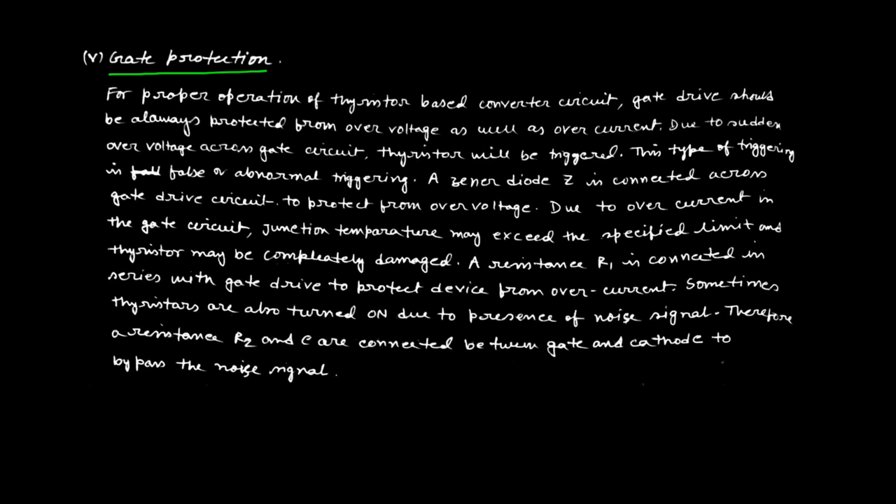Obviously, in case of the gate, similar to a normal SCR, for the operation of the thyristor based on the converter circuit, the gate drive should always be protected from overvoltage as well as overcurrent. Due to a sudden overvoltage across the gate circuit, the thyristor will be triggered. This type of triggering is false or abnormal triggering.